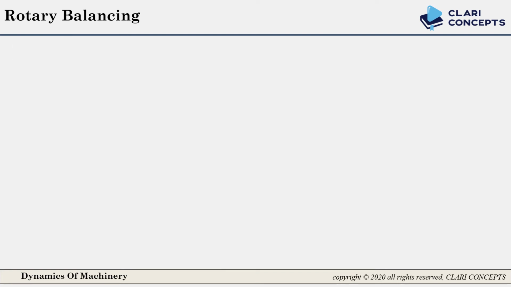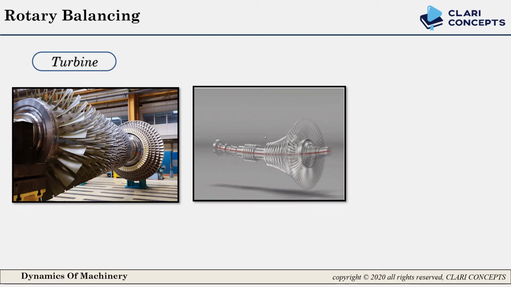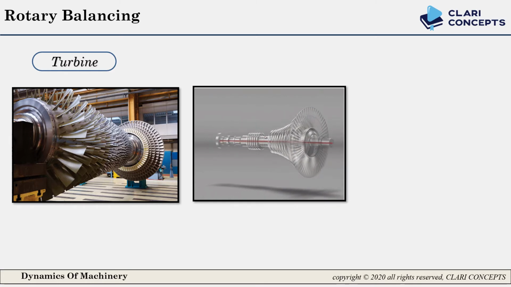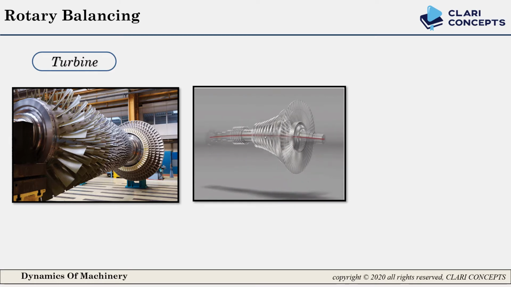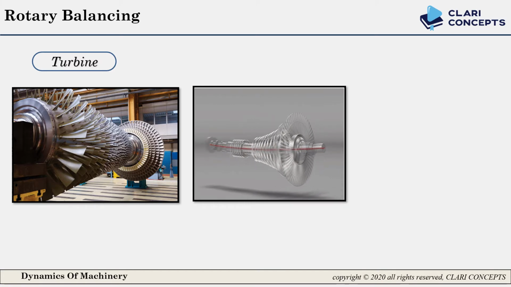Now take another example, which is a turbine. You all have seen that a turbine has a number of blades with different sizes and different shapes. But when any one blade breaks or bends, at that time the turbine produces jerk, noise and vibration along with the rotation. This shows us that there are some unbalanced force and couple because of unbalanced mass or non-uniform masses.